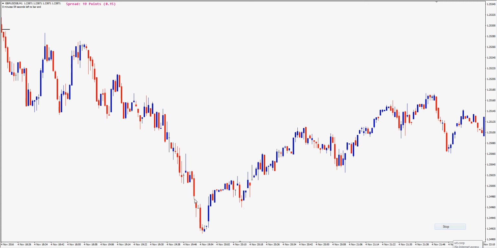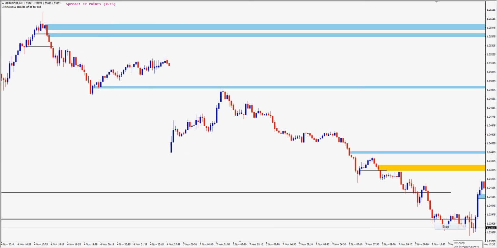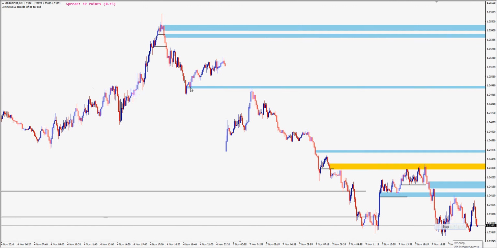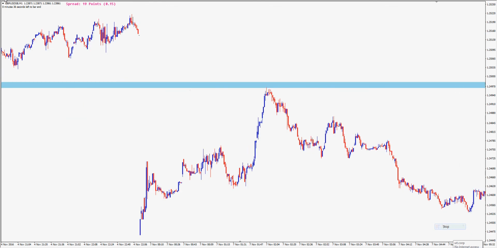I just mark this in. I wonder if this is what it reacted to on the other side. Yeah, so here was the first flag limit, and then that's what it reacted to on the other side when it came back to that level.